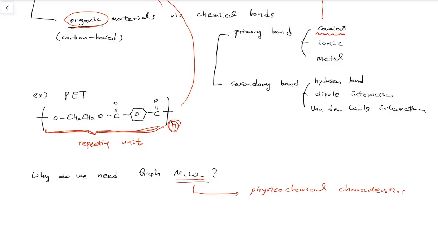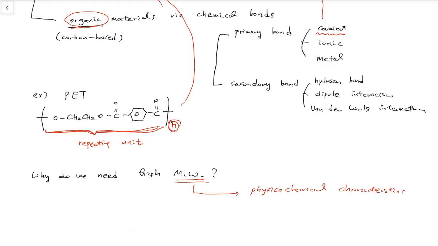Especially high molecular weight polymers have very good characteristics which can be used for various types of applications. So we need to know how to control the molecular weight, what determines the molecular weight, and how different molecular weights affect different physical or chemical properties. We'll learn one by one in later sections.